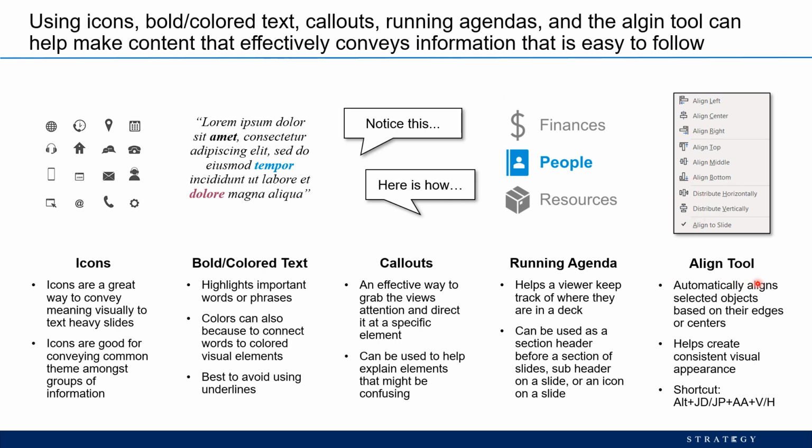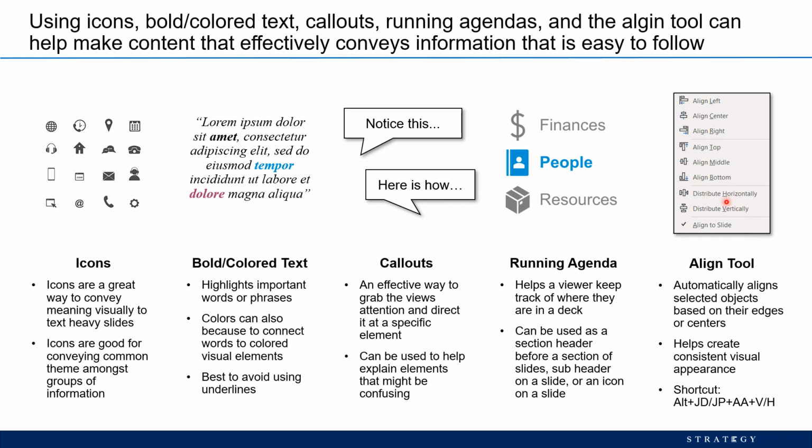And finally, the align tool. This is a huge game changer because it allows you to create alignment very quickly among objects. What you'll do is highlight a bunch of objects, say I highlight these 5 objects here, and I want to distribute them equally.